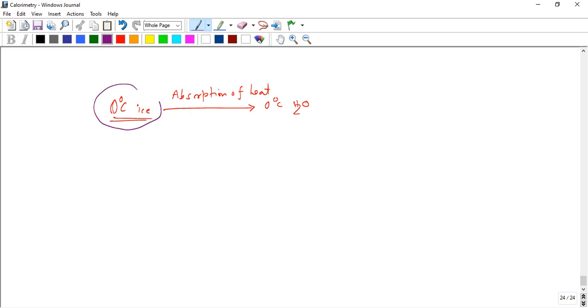Here you see that the temperature is fixed, but heat is absorbed.